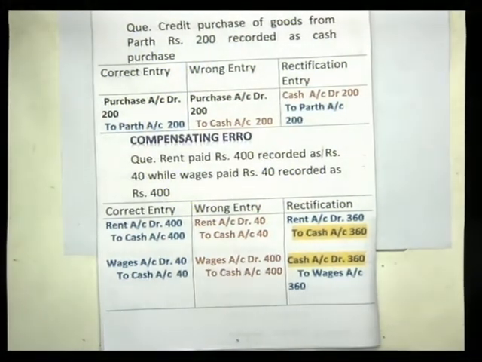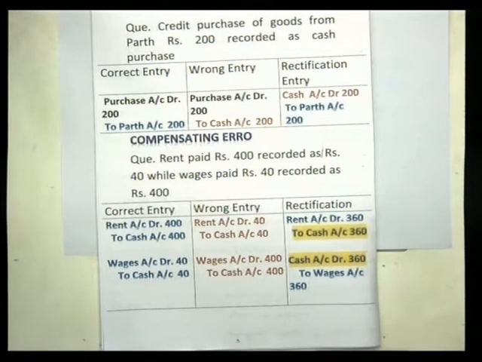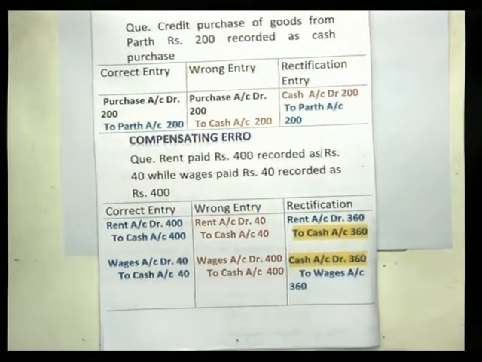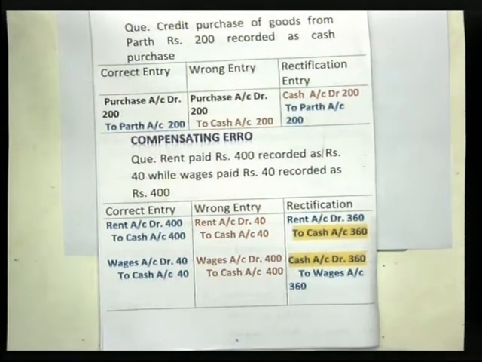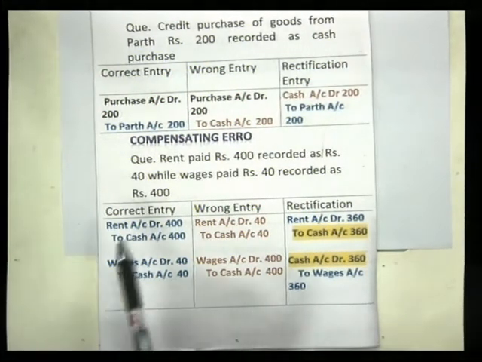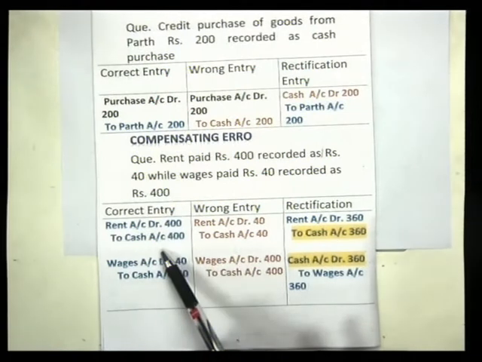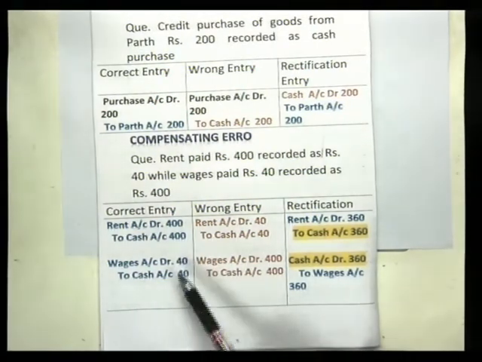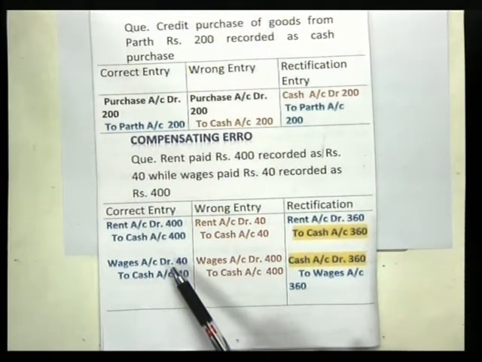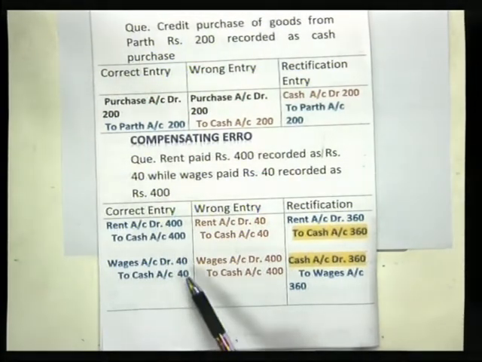So here there are two transactions, rent paid and wages paid, and in both transactions the amount is recorded wrongly. So here the correct entry is rent account debited to cash account, correct amount is 400. Another correct entry is wages account debited to cash account 40 rupees.